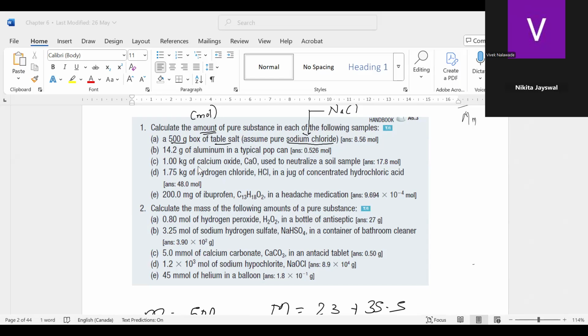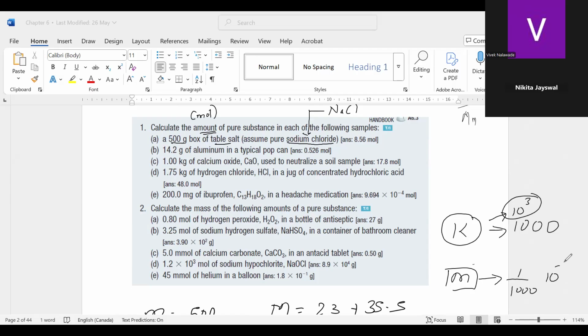So whenever you see kilo as the term, kilograms, this K stands for 1000. If it is milligram, this milli stands for divide by 1000. Or the other way, 10 raised to 3, and this stands for 10 raised to minus 3. So there are two options that you can use.